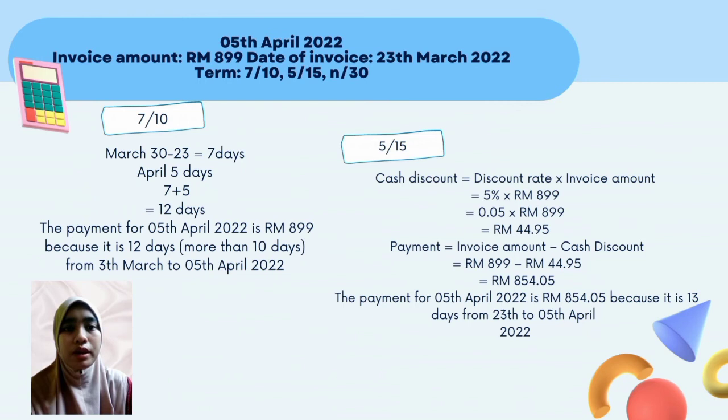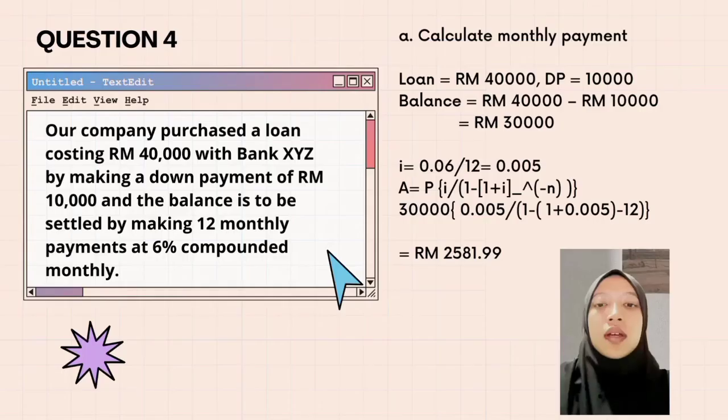Payment is RM899 minus RM44.95, equal to 854.05. The payment for 5 April 2022 is 854.05 because it is 13 days from 23rd March to 5 April in 2022.